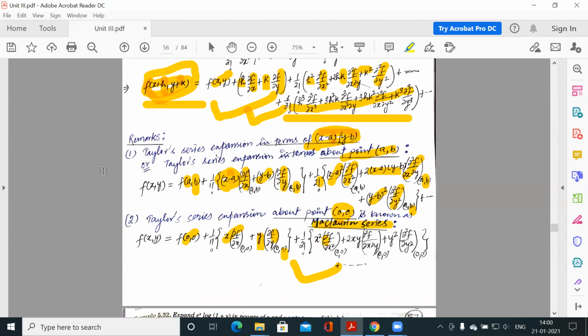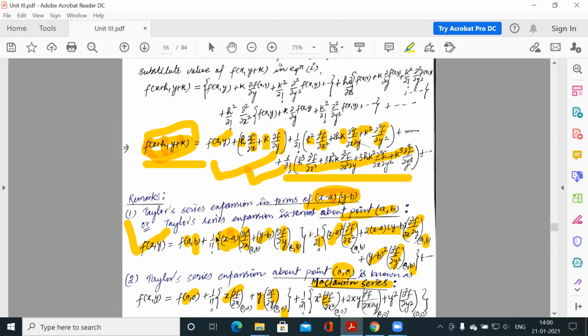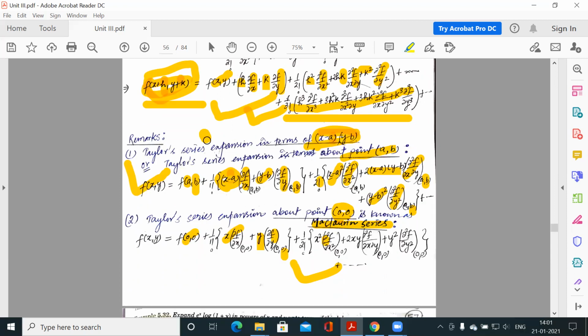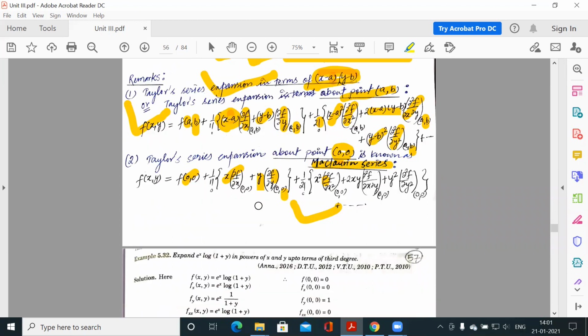This is when it is in powers of x minus a and y minus b about point a b. If you know the expansion of a function in terms of x minus a, when we have a function of one variable, then using symmetry we can find the expansion for a function of two variables.